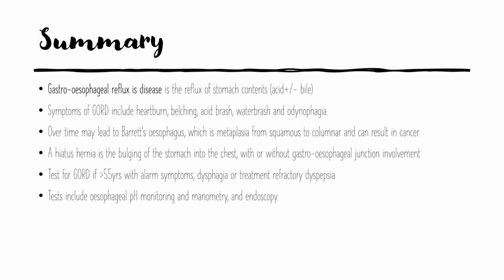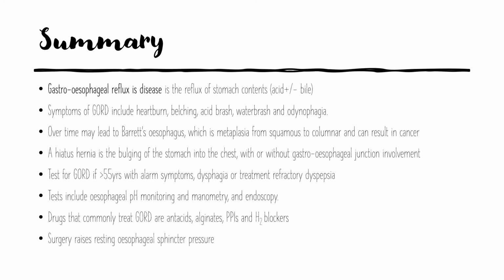The drugs that commonly treat gastro-oesophageal reflux disease are antacids, which neutralise the stomach contents, alginates, which produce this protective barrier, PPIs, which block the proton pump, and H2 blockers, which prevent histamine activation of the parietal cells. Lastly, in refractory cases, you can perform surgery to increase the pressure in the esophageal sphincter at rest.